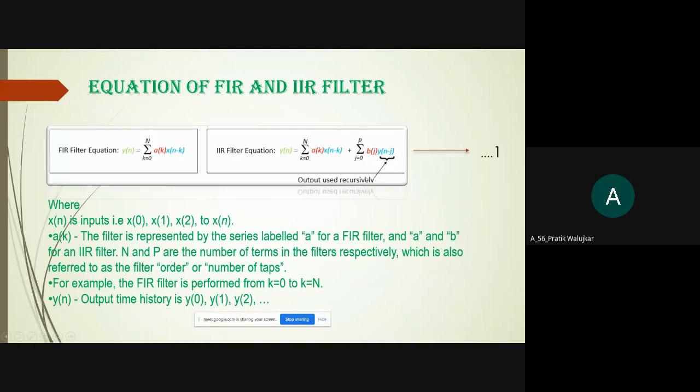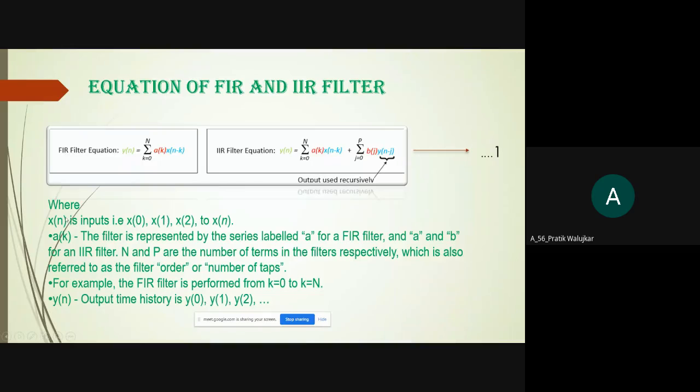This is called output used recursively, because in an IIR filter system one feedback is present, hence it is called a recursive function.